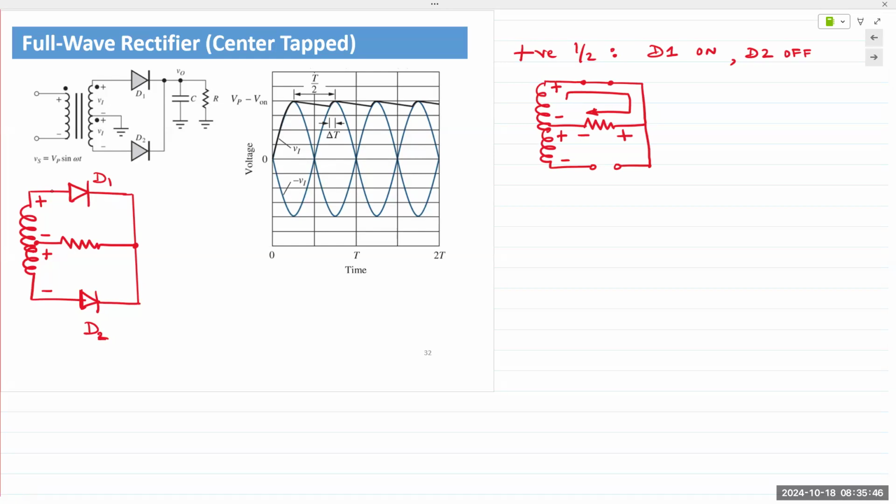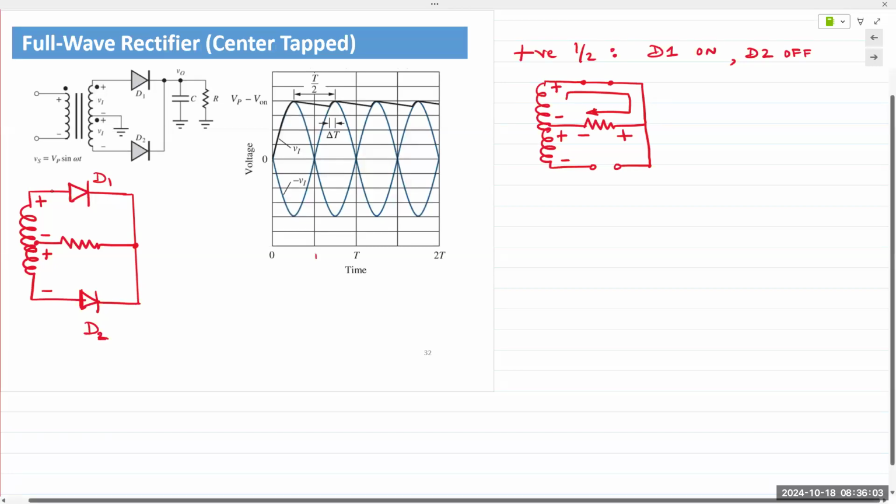So D1 is on and D2 is off. So it's behaving like a half-wave rectifier. So in the positive half cycle, diode D1 is on, so you would obtain, D1 on.